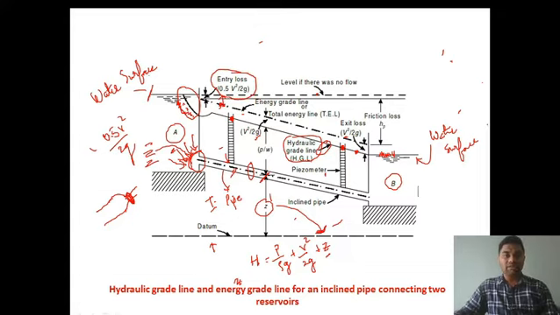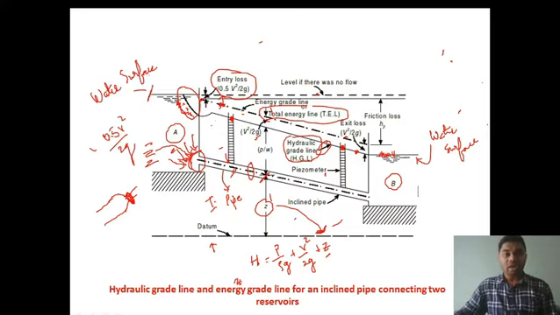This dotted line is the total energy line, and it falls below the water surface of reservoir A by 0.5 V square by 2g.